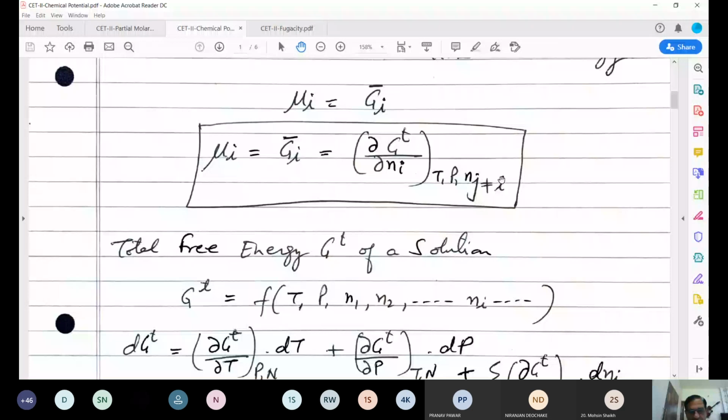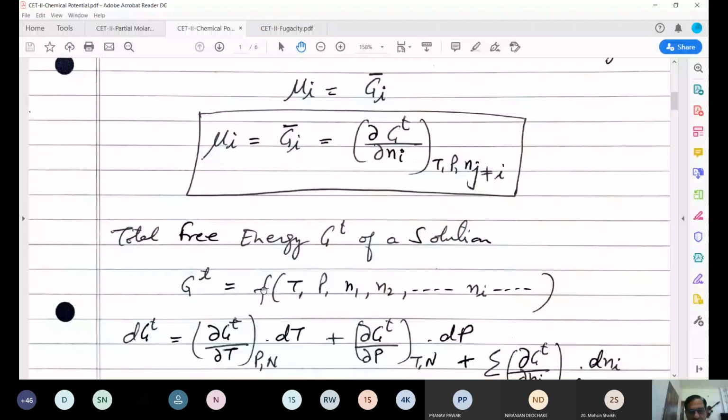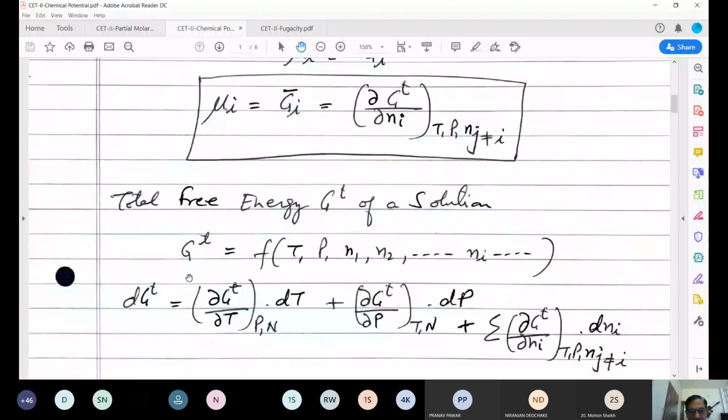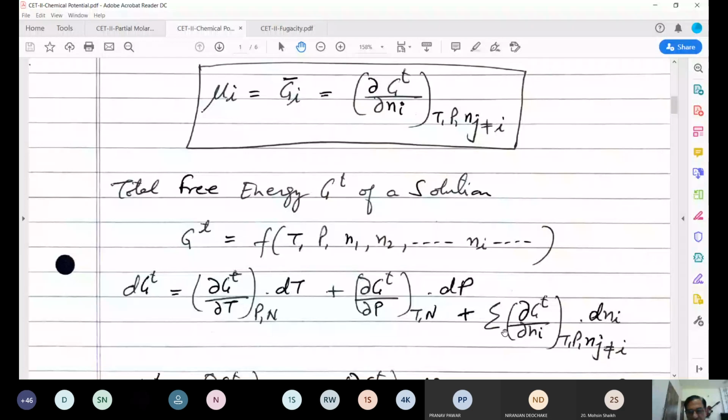If you take the total derivative of this total Gibbs free energy, dG^T equals dou G^T by dou T at constant pressure and number of moles of all components times dT, plus dou G^T by dou P at constant temperature and moles times dP, plus, if you have N1, N2, N3 up to Ni, the summation of dou G^T by dou N_i at constant temperature, pressure, and N_j, where j is not equal to i, times dN_i.